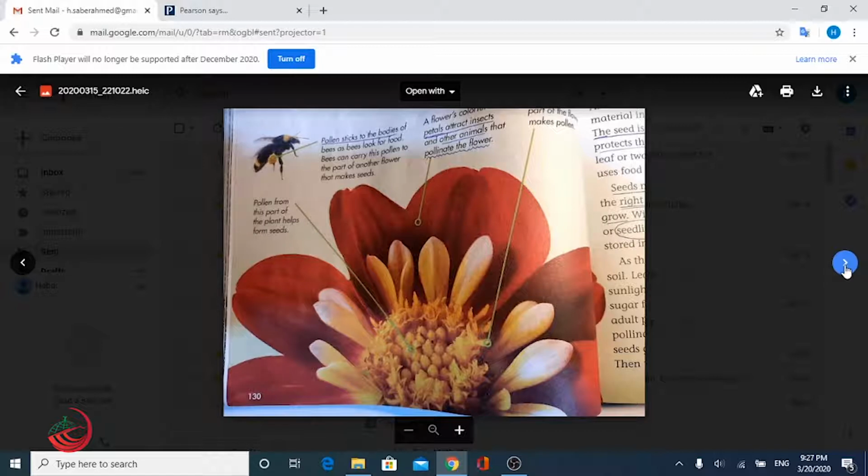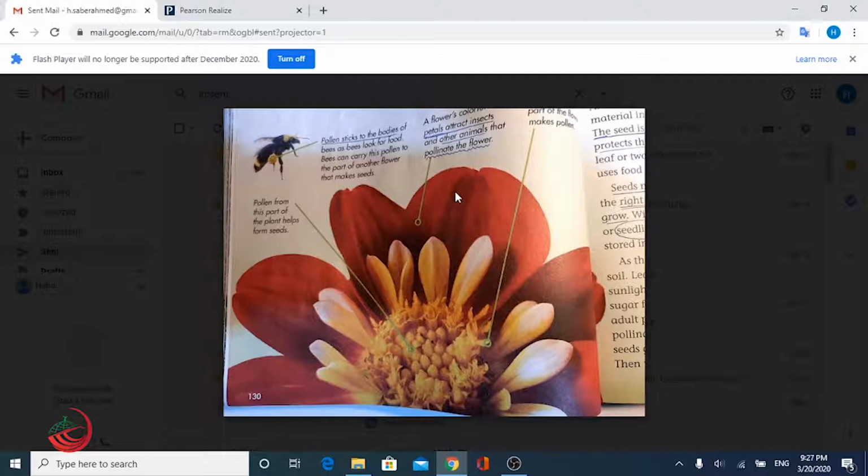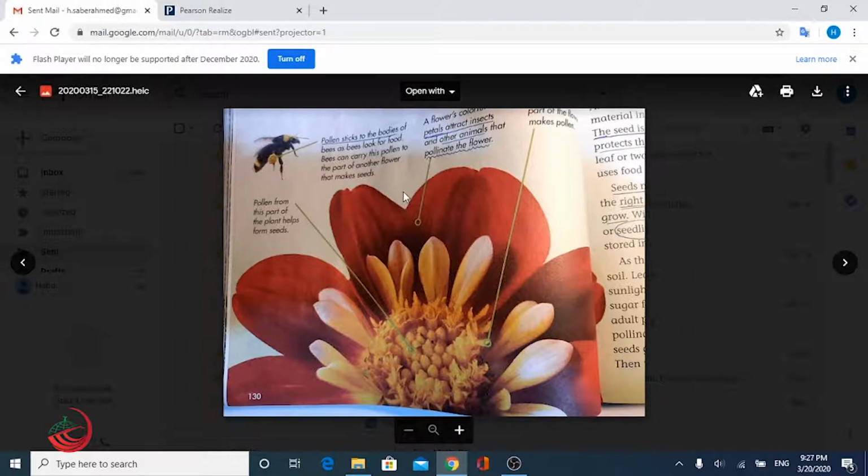One of those parts is responsible for making pollen. I'll tell you later what pollen is, but I will tell you now about the other part of the flower, which is petals. These are the petals, the reddish part here.